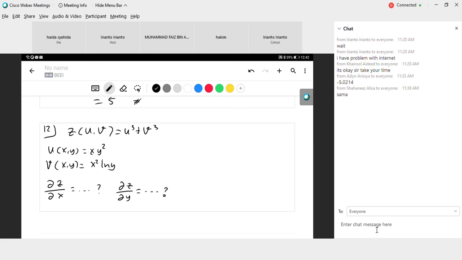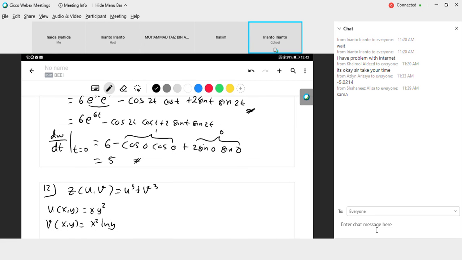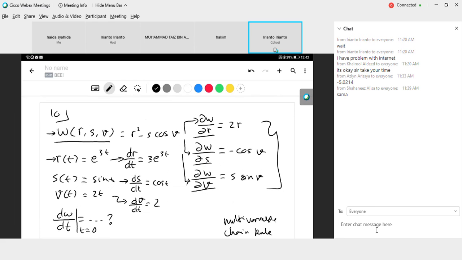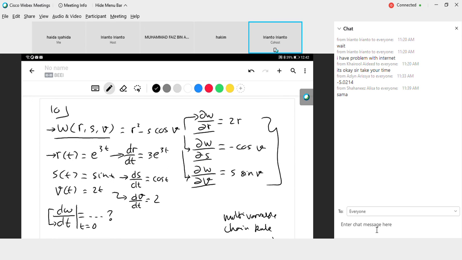If you see the difference here, the question was asking just dw dt, the derivative with respect to t only, so we use d. Why? Because if we substitute r, s, v, your function will be a function of t only.